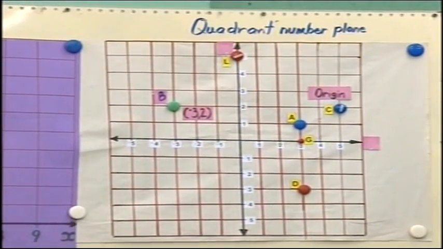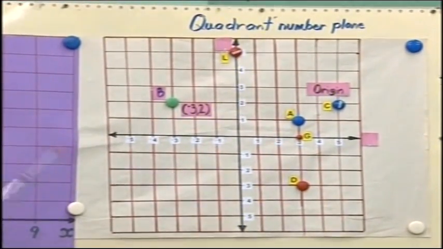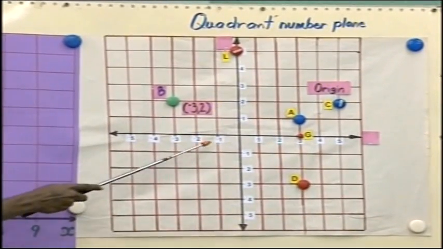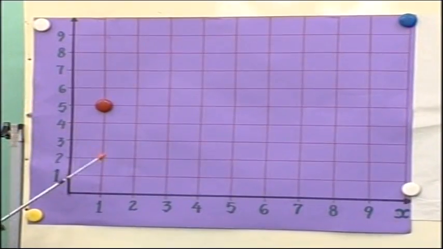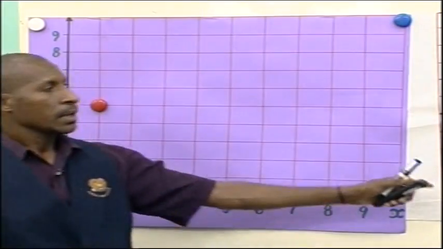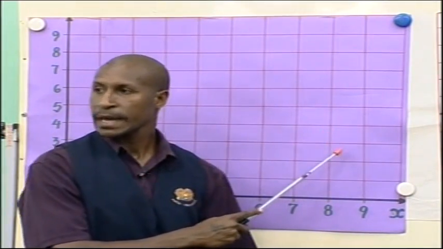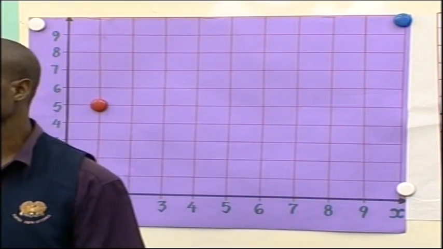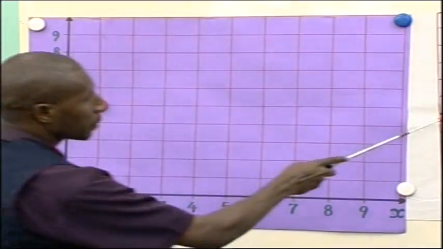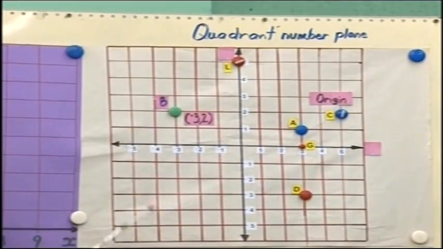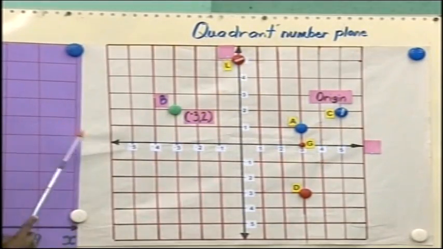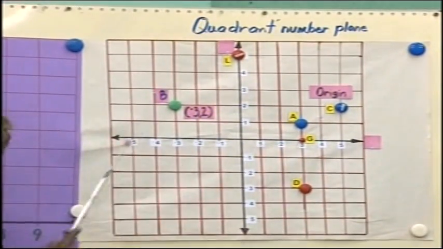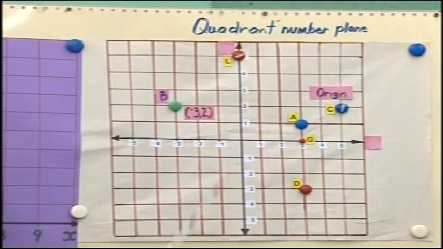Now, as you can see, the quadrant number plane has some similar features to those you found in the number plane in your previous lesson. Now, in our introduction or recapping, we talked about words like coordinates, axes, and points. Now, in this quadrant number plane, we also have the coordinates and the axes, which are the y-axis and x-axis.